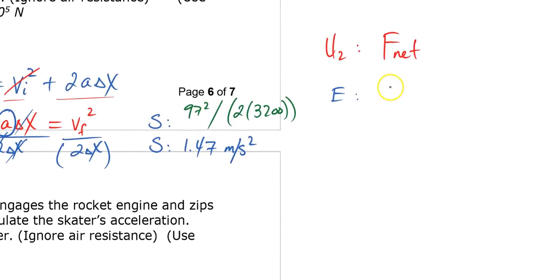Now, I'm going to write it the way that the equation chart has it, which is sigma F. Okay, and that's read net force is equal to ma. And that's it. You just plug in. Now you plug in the mass. Now you plug in the acceleration. Substitute and solve.